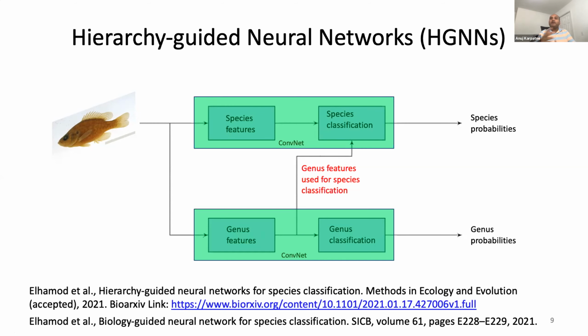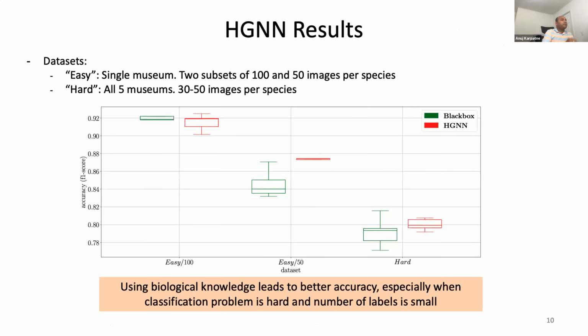There are many more involved approaches that we are currently exploring using phylogenetic information rather than taxonomic groupings. But even this very simple idea is able to demonstrate that by using biological knowledge, we can obtain better accuracy, especially when the amount of labels used for training is small, and especially when we know that the problem is hard.